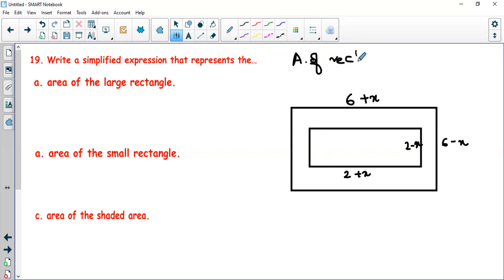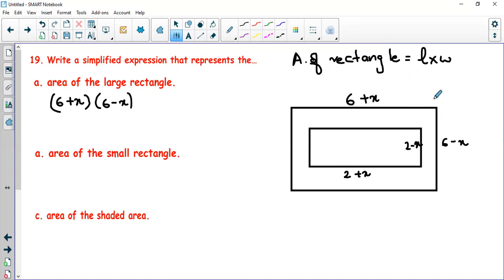Area of rectangle is length multiplied by the width, right? So we have the length and the width. So let's find the larger one first. The length of the larger one is 6 plus x, multiplied by 6 minus x, which is the width.